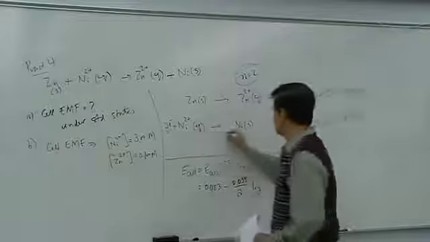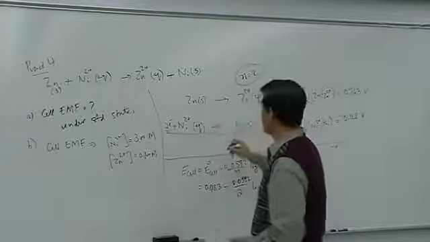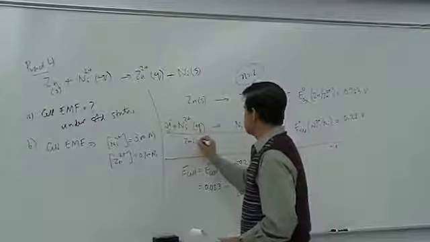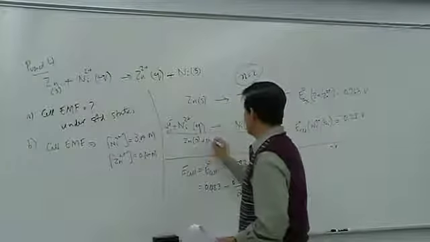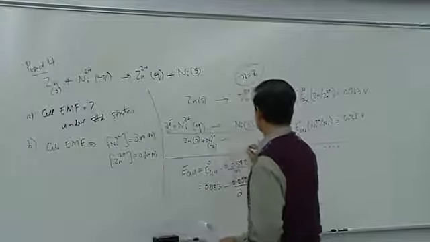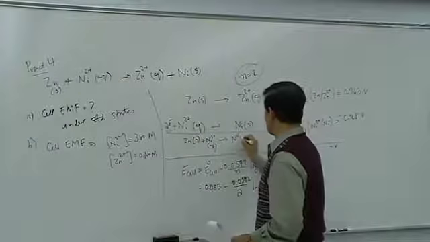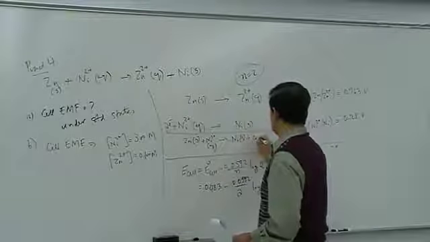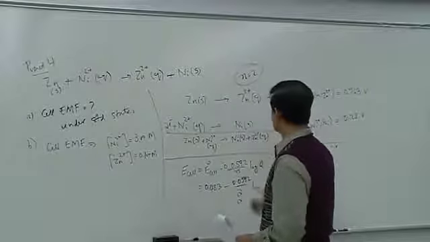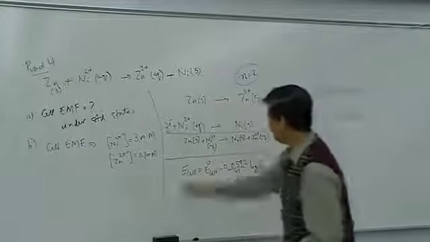Let's quickly get this product. Add up these two. So we'd have zinc solid plus nickel 2 plus aqueous, giving nickel solid plus zinc 2 plus aqueous. And 2 electrons would cancel out. This is on the right side, this is on the left side.